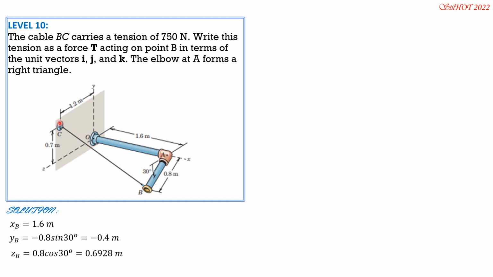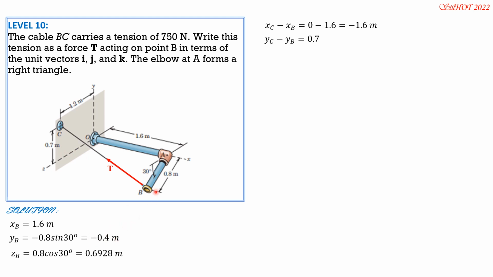X sub c is 0 because it is on the yz plane. So 0 minus 1.6, x sub c minus x sub b. Terminal minus initial. So negative 1.6. Y sub c minus y sub b is 0.7 minus negative 0.4.